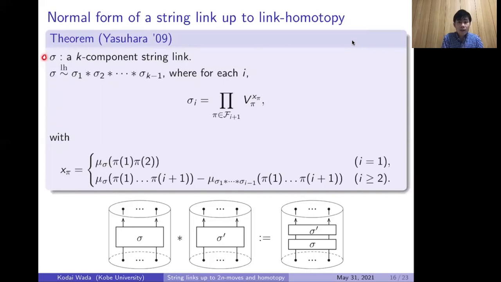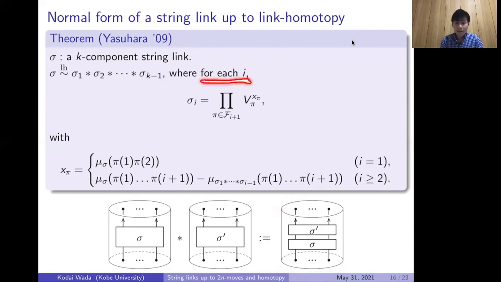Let sigma be a k-component string link. Then sigma is link-homotopic to the stacking product sigma_1, sigma_2, up to sigma_{k-1}. Here, for two string links sigma and sigma prime, the stacking product of them represents this string link. Okay, we go back to the statement.